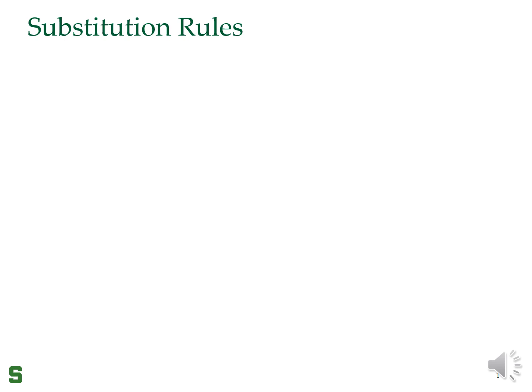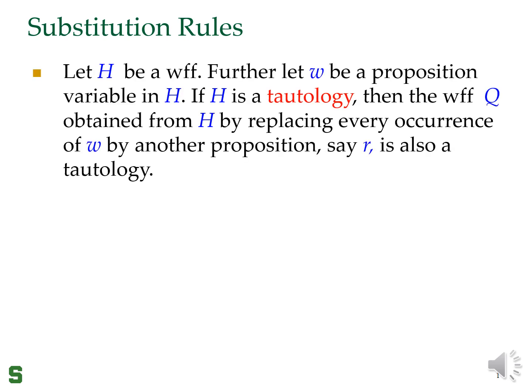The first substitution rule is where we have some formula H that's a well-formed formula. Let's say W is some proposition inside it. Now let's assume that H is a tautology.